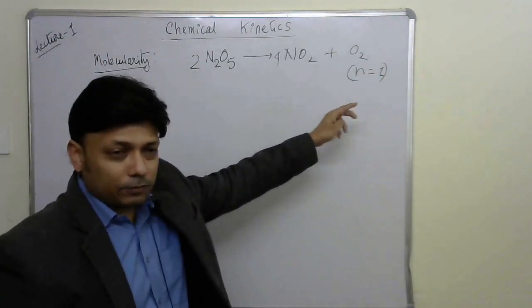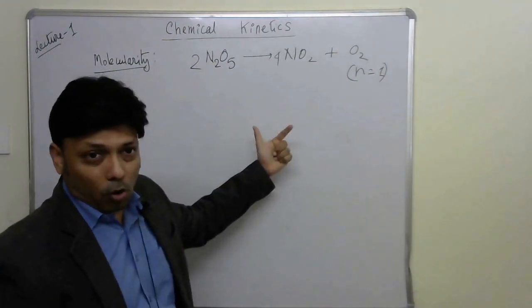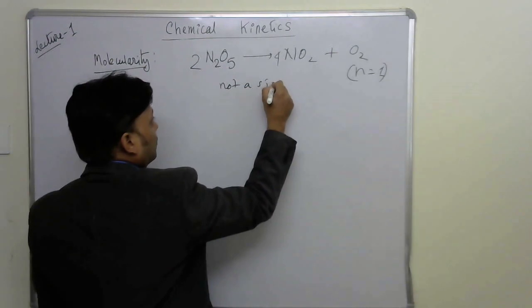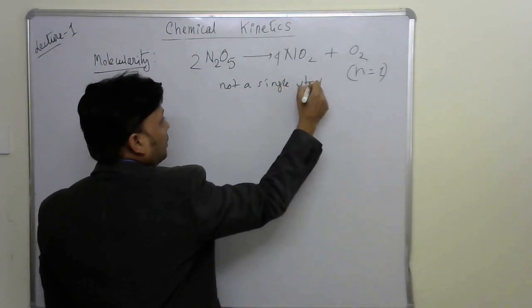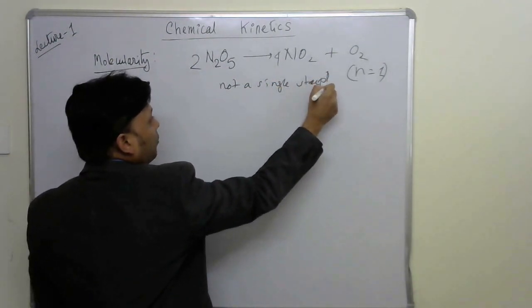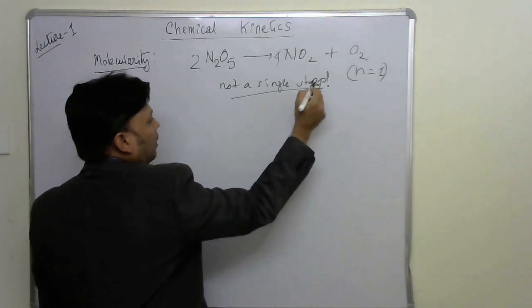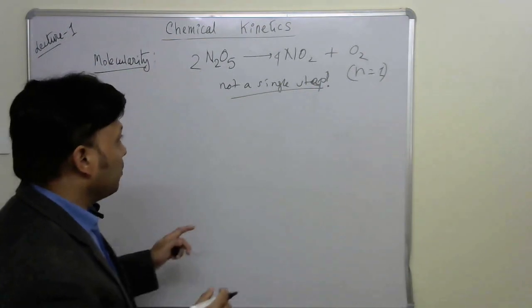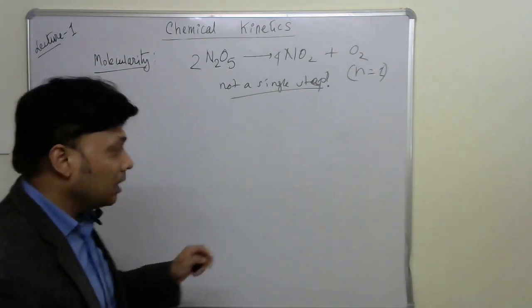So obviously we can tell from our knowledge of molecularity and order that this is not a single step reaction. Definitely, because had it been a single step reaction, then n should have been equal to 2, but that is not the case. So this is a multi-step reaction.